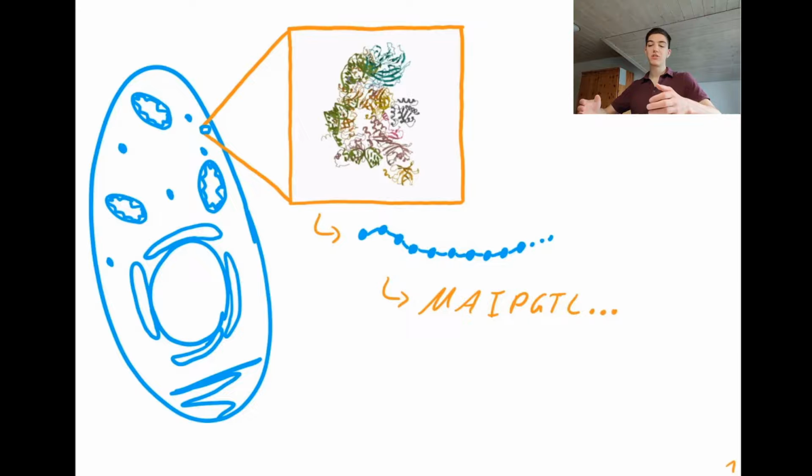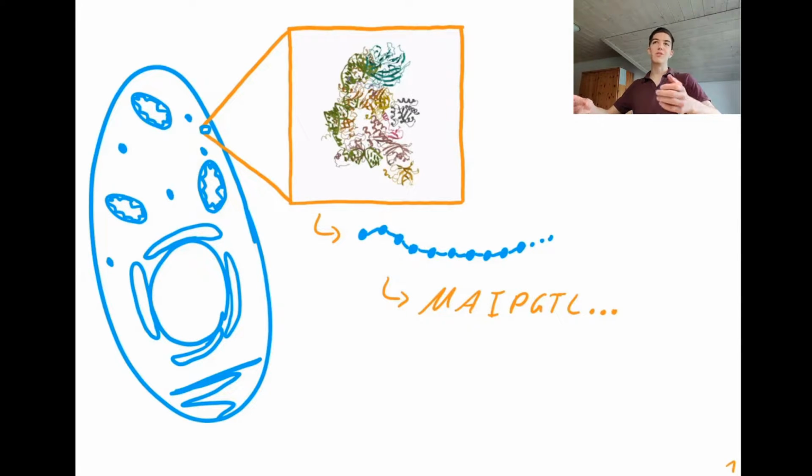And if we want to know how a protein functions and what it does in our body, which is important for drug discovery or all sorts of medical applications, then it's really important to know where a protein locates inside of a cell, because that determines its function to a certain degree.